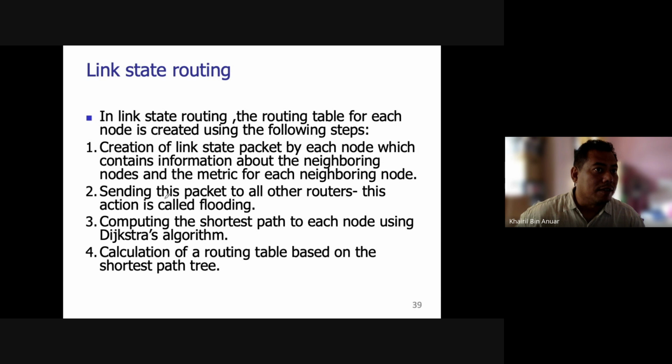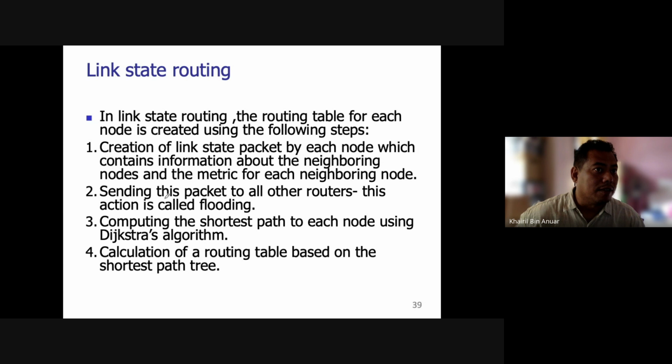In IPv4 it is basically broadcast to every switch that it has, or in IPv6 it will be multicast to the routers only. So it has what we call a multicast router.